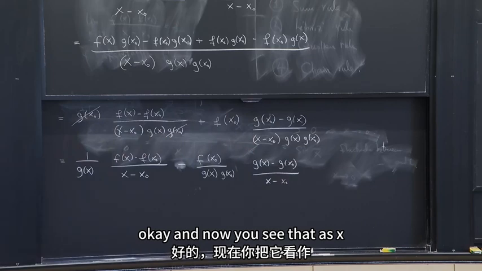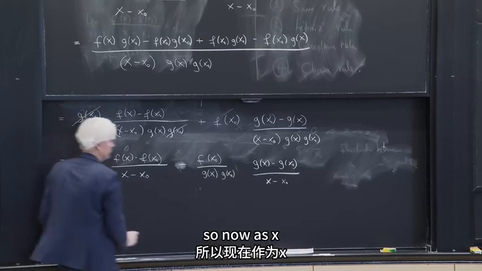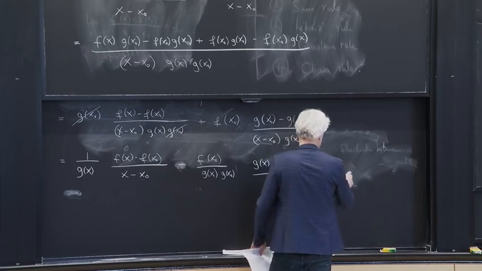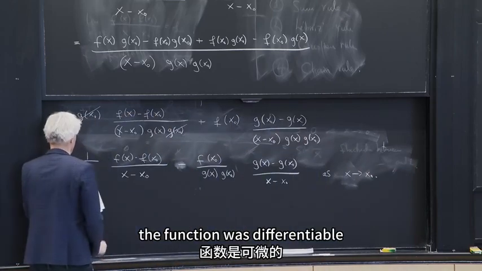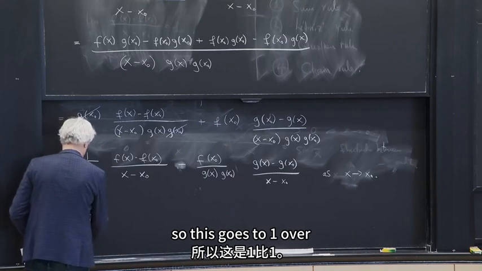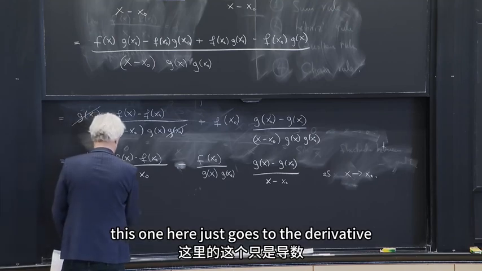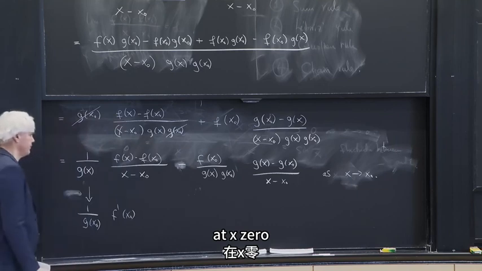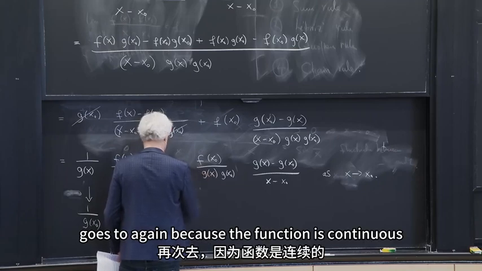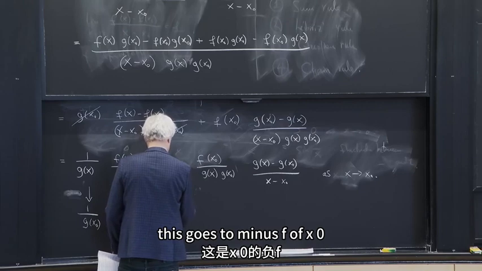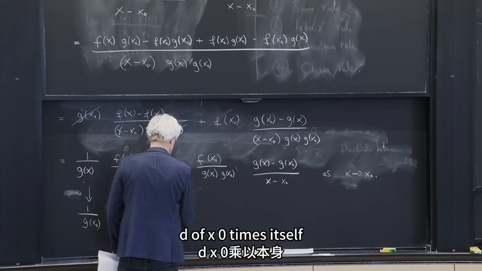Okay, and now you see that as x goes to x0, well, the function was differentiable, so it's also continuous, so this goes to 1 over g of x0. This one here just goes to the derivative at x0. This one here goes to, again because the function is continuous, minus f of x0. And then what I wrote before as g squared, it's g of x0 times itself.